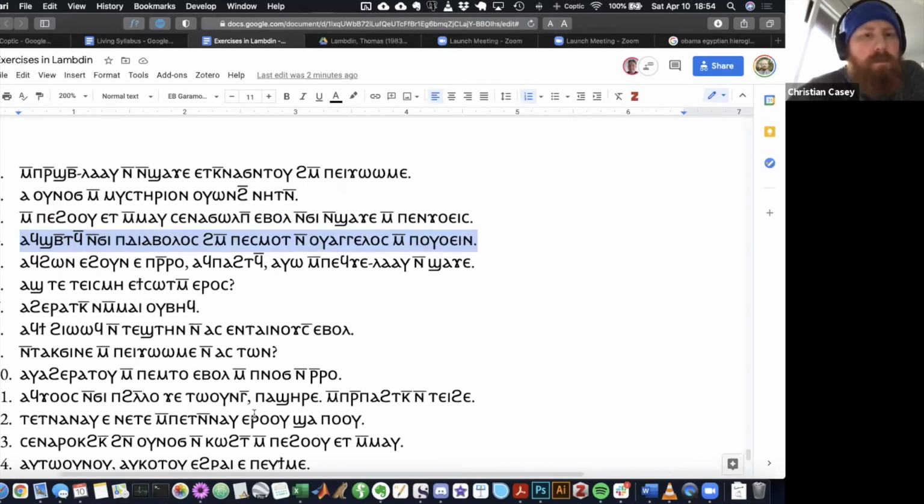Okay, number 4: Avshev tef nchi pediabolos pesmot u n uangelos puwain. Let's see. The devil changed into the form of an angel of light. Yeah. Correct translation. I personally think this hem is incorrect.